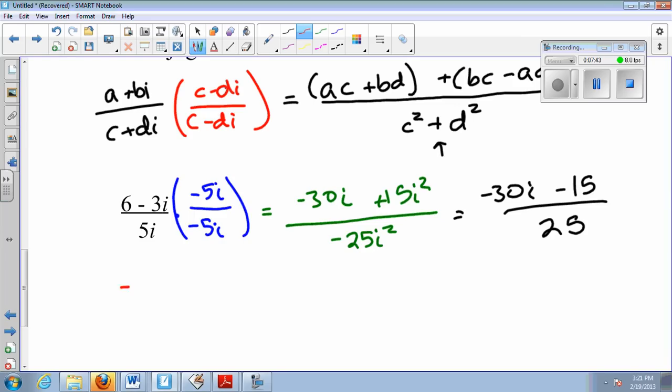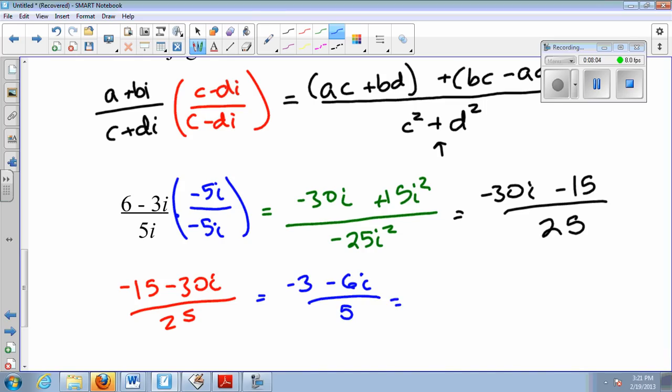So it's really negative 15 minus 30i over 25. We could take out a GCF of 5 from everywhere, or you could split it up into two fractions.